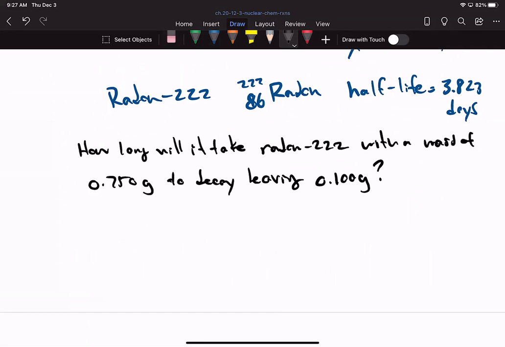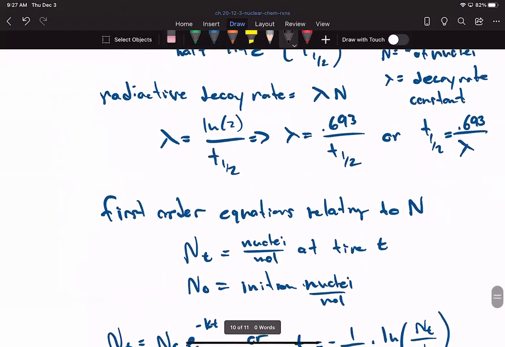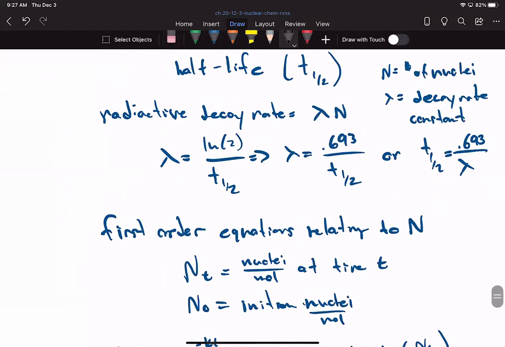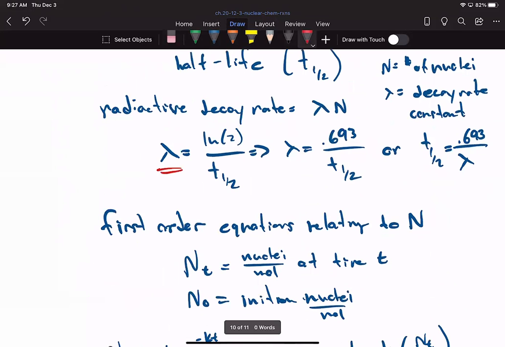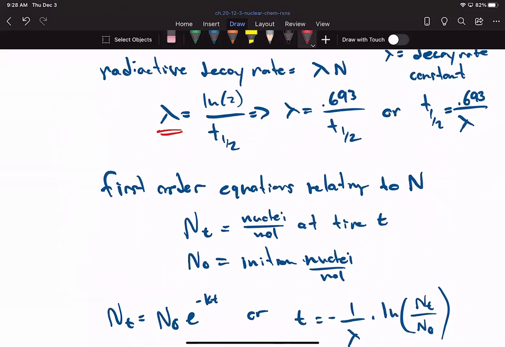The first thing we have to do is calculate the radioactive decay rate.